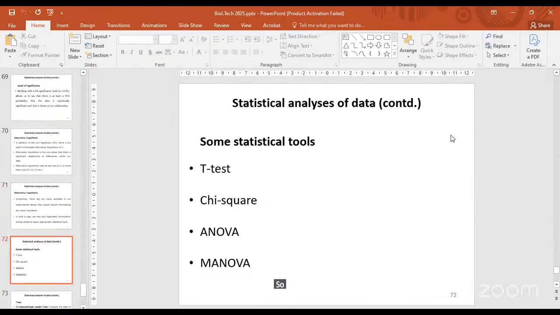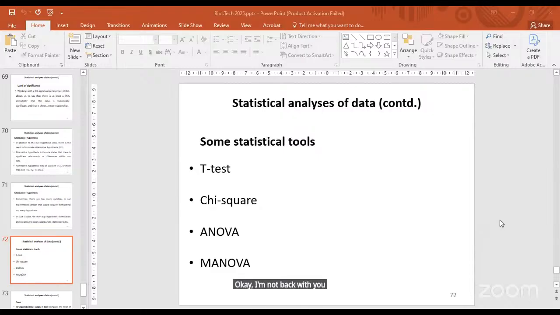So what are the statistical tools that you can use? You can use the t-test. Okay, I'm not hearing you.